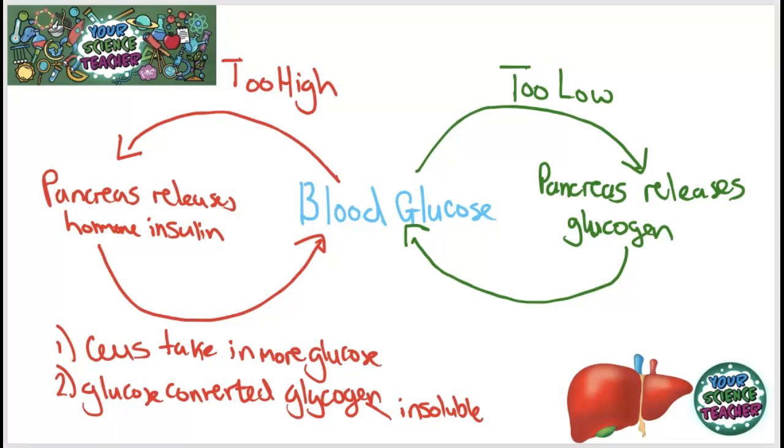And what this hormone does is it tells our bodies to release some glucose that's been stored. And also it tells our livers to convert the store of glycogen back into that soluble glucose.